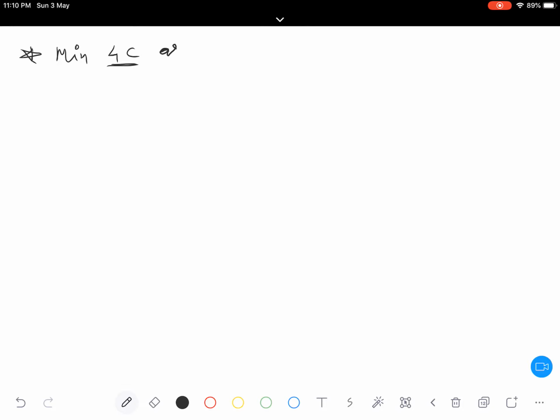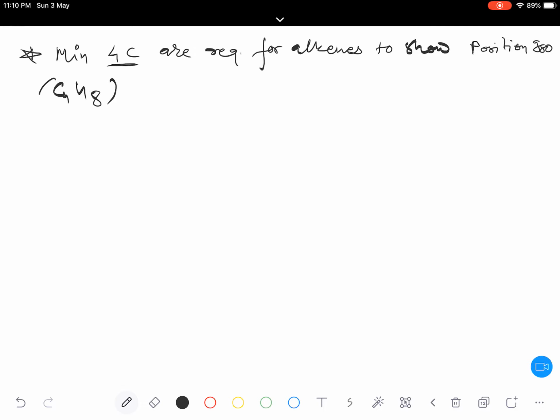So minimum 4 carbons are required for alkenes to show position isomerism. I can write C4H8, that will be an example. I can write them as 4 carbon, 1, 2, these two are position isomers to each other.